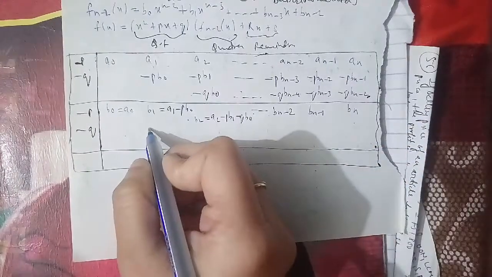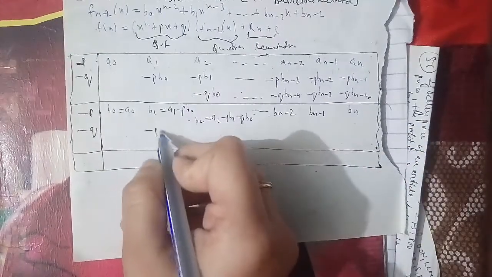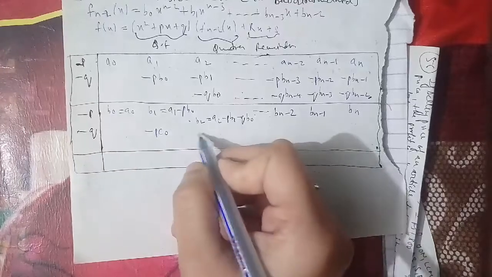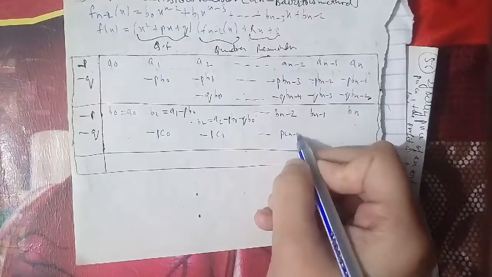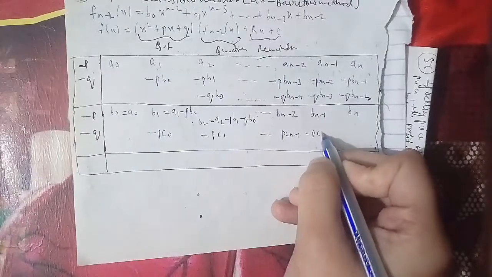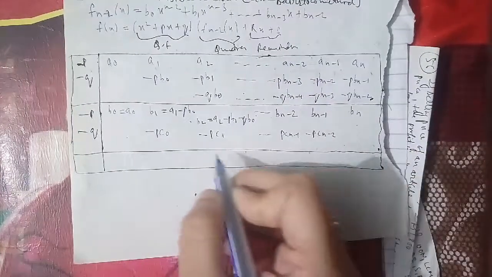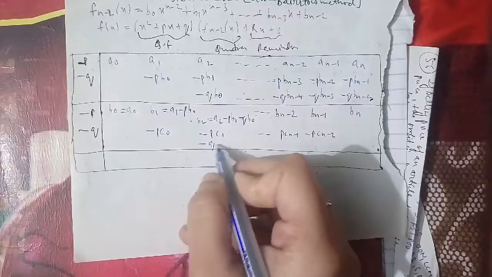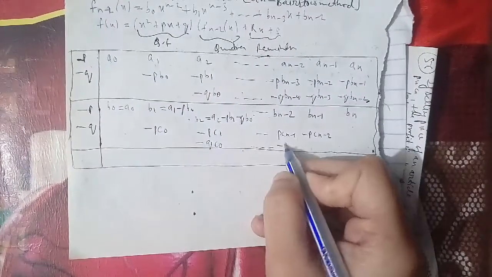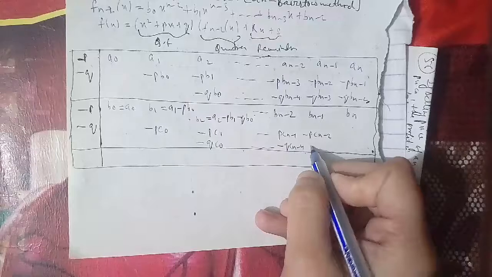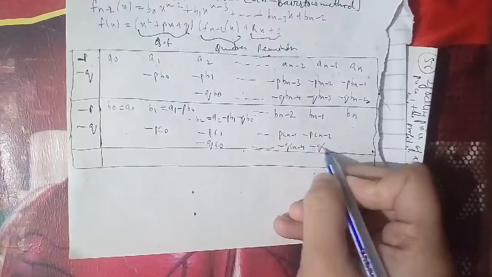Here this has been minus PC0, minus PC1, minus PCn minus 1, minus PCn minus 2. This has been minus QC0, minus QCn minus 4, minus QCn minus 3.